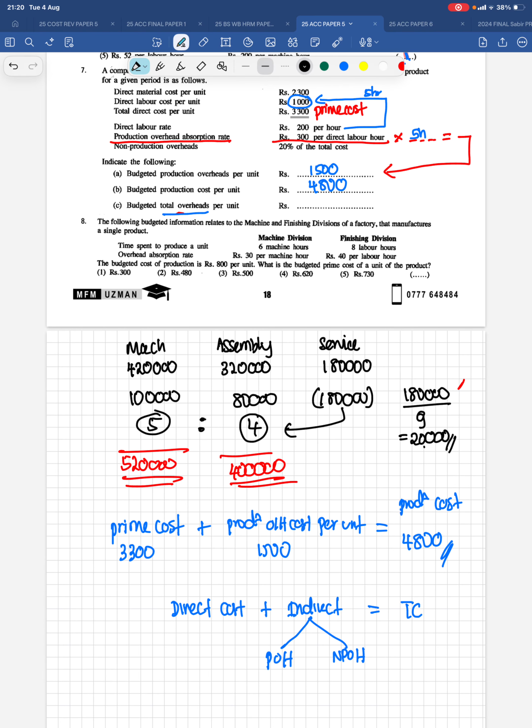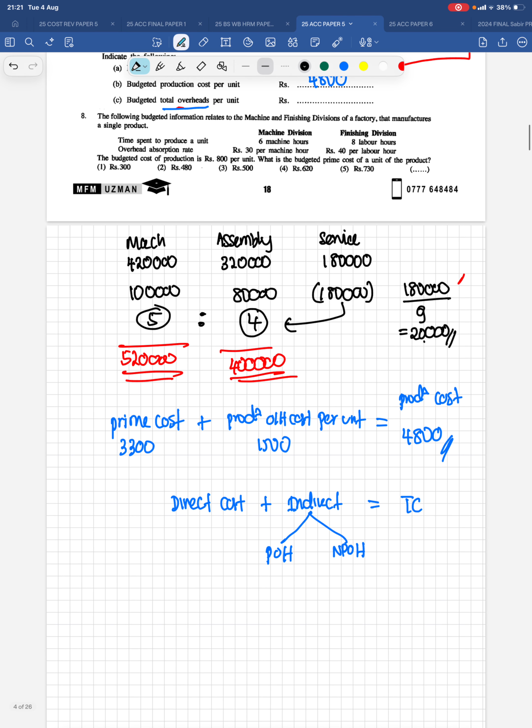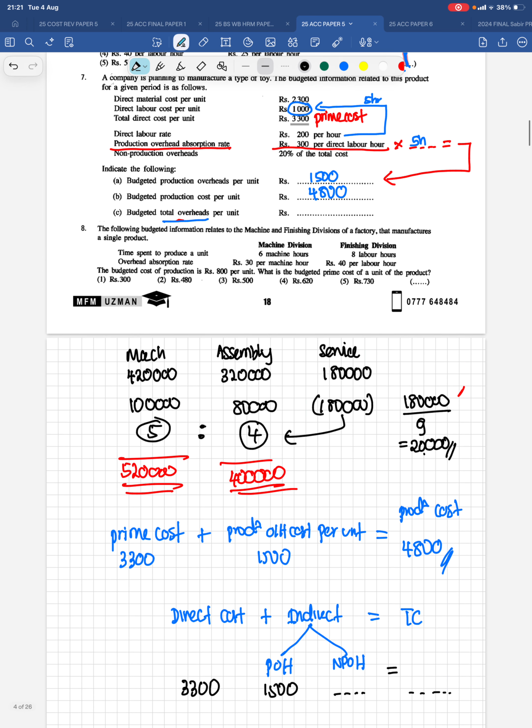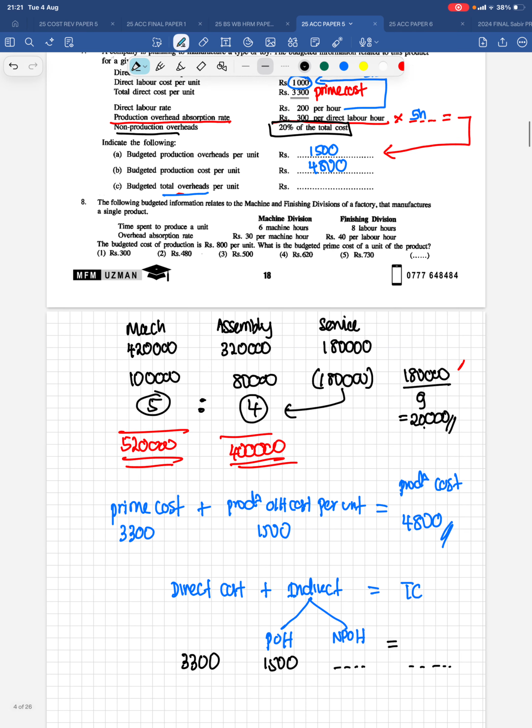Now I have to apply these values. The direct cost is 3,300, production overhead is 1,500, non-production overhead is not given, and total cost is also not provided. Then they provide us a clue: non-production overhead is 20% of the total cost.